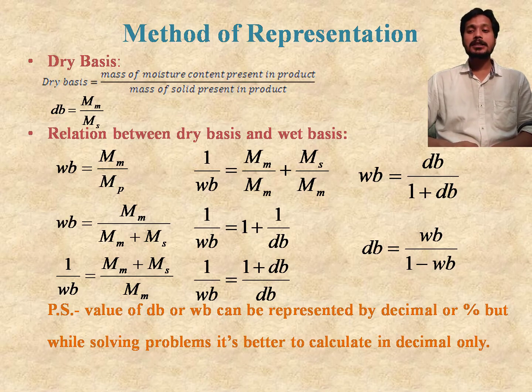Now one concept is there: out of WB or dB, which one is higher? The example I have already given you, you must try to recall. 100 grams of paddy contains 50 grams of solid, 40 grams of moisture, and 10 grams of air space.